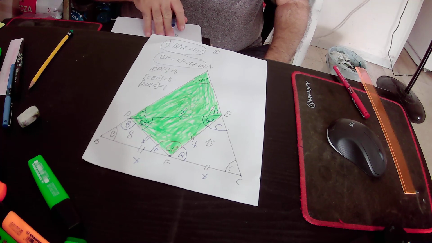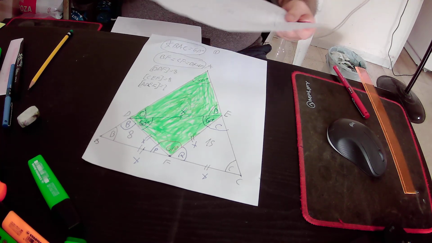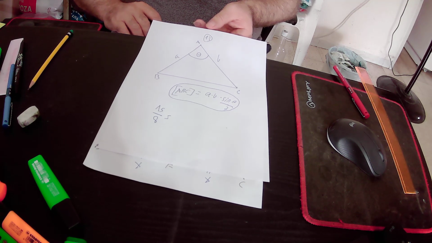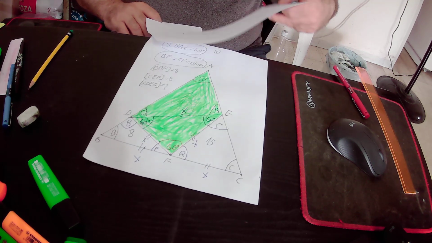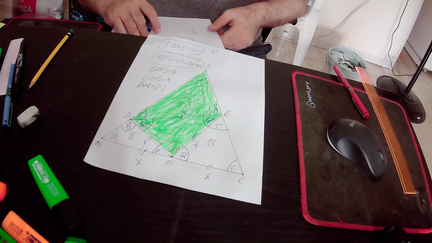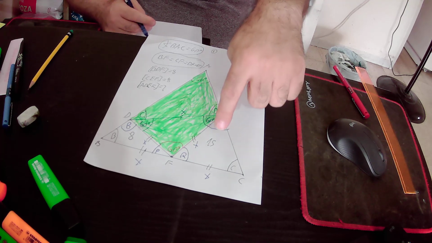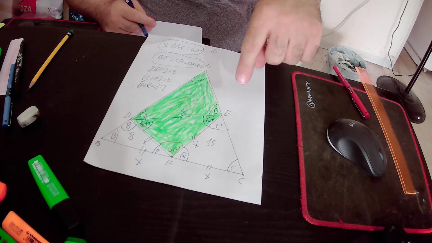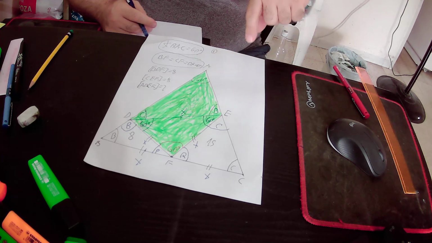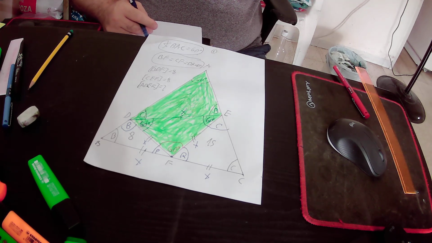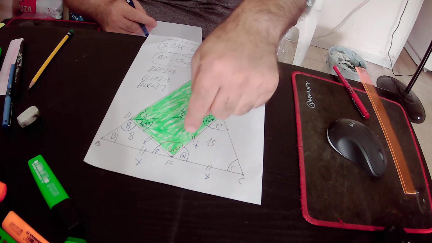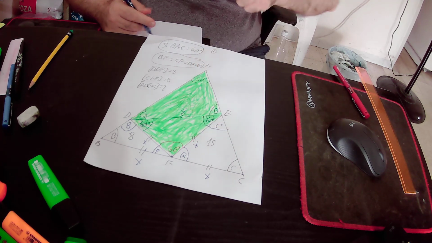So we divided the areas of those two triangles, and now we will calculate the area of triangle EFC according to the new formula for the area of any triangle. According to this formula, the area of triangle BFC will be equal to x times sine q over 2.